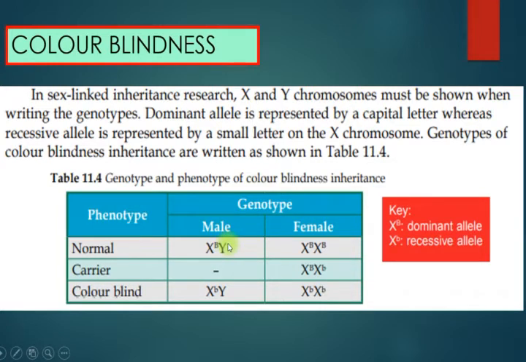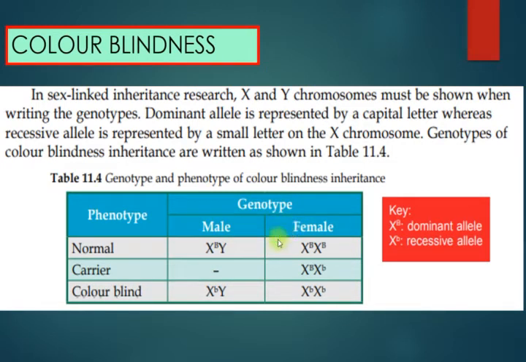Since color blindness is caused by the recessive allele and the allele on the X chromosome is dominant, the male is normal.